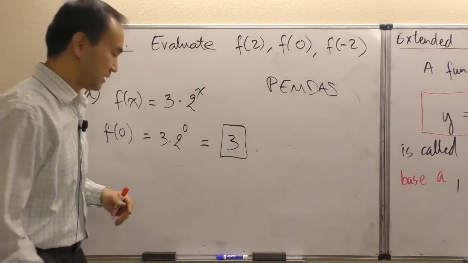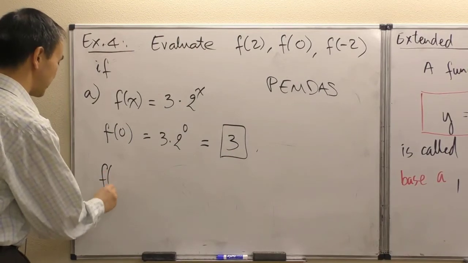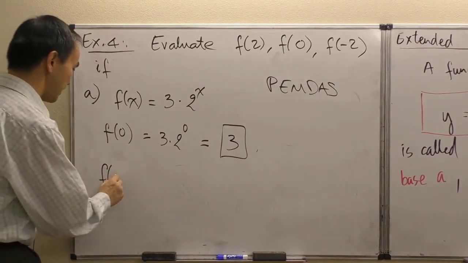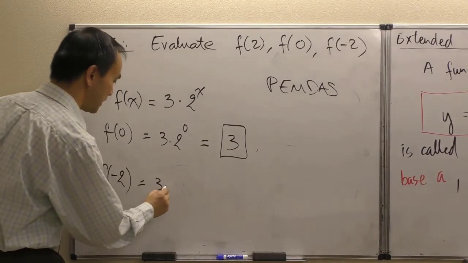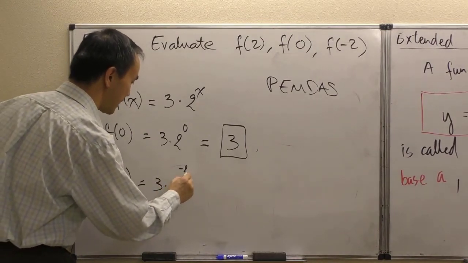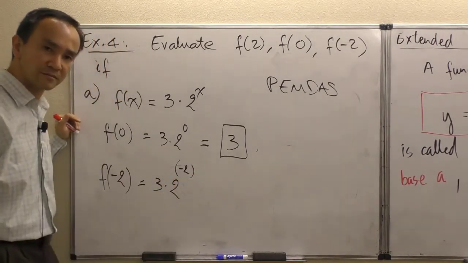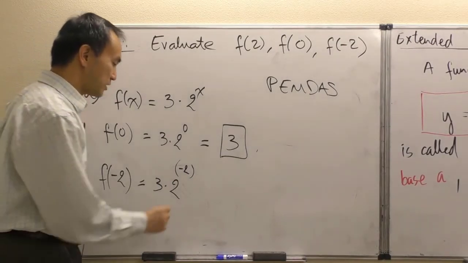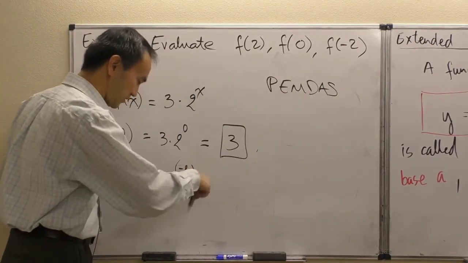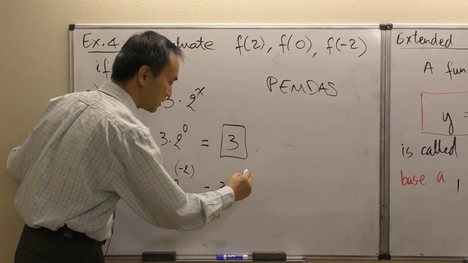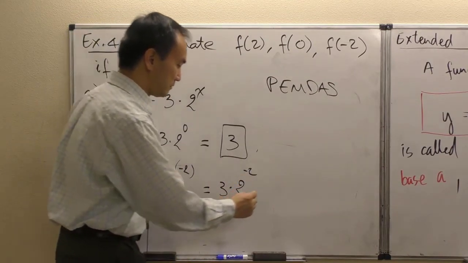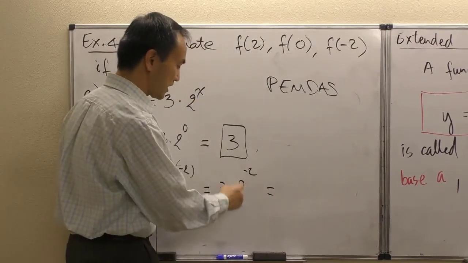All right, and now one more task left for this particular problem. How about f of negative 2? That means 3 times 2 to the negative 2 power. So let's lay down some math. First, I'm going to just take away the parentheses. So 3 times 2 to the negative 2. That tells us to take care of the power first.